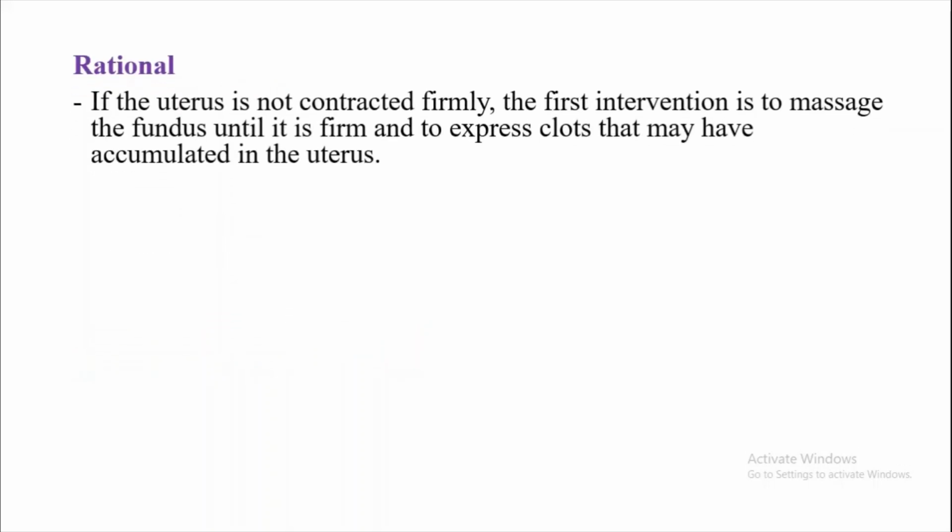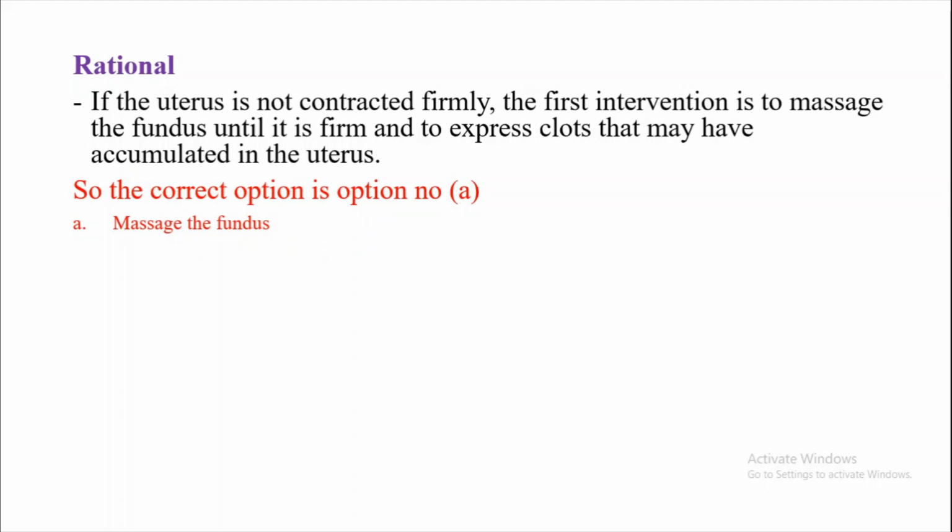If the uterus is not contracted firmly, the first intervention is to massage the fundus until it is firm and to express clots that may have accumulated in the uterus. So the correct option is option number A, massage the fundus.